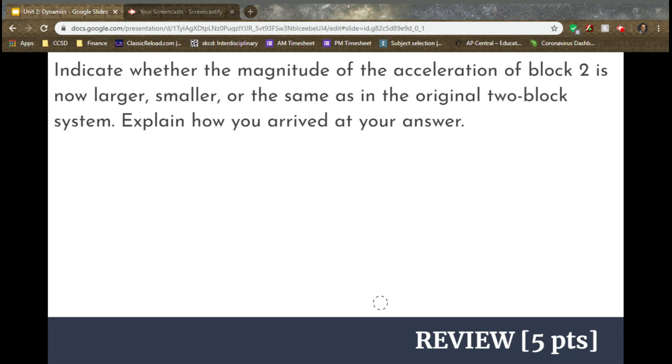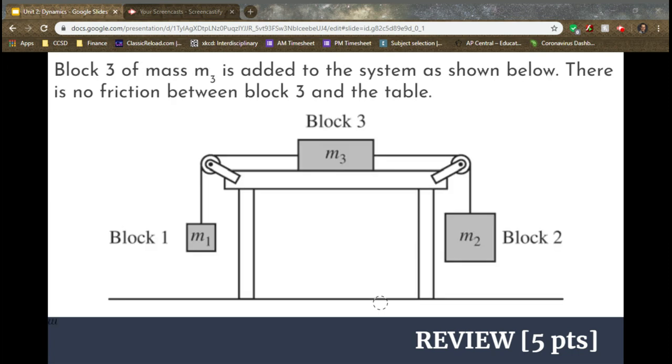Okay. So first, logic tells us something. Right now, the only thing causing this system to accelerate, mass 1 up, block 3 right, mass 2 down, is just the mass of block 2, which means that the force of gravity on this mass now has to work not just against mass 1, but it also has to work against the inertia of mass 3.